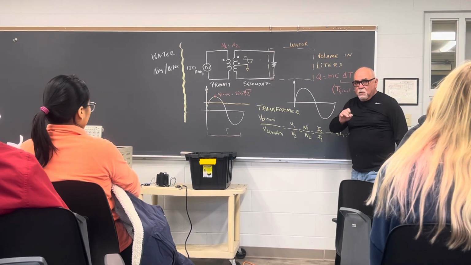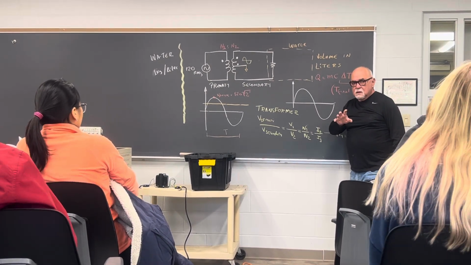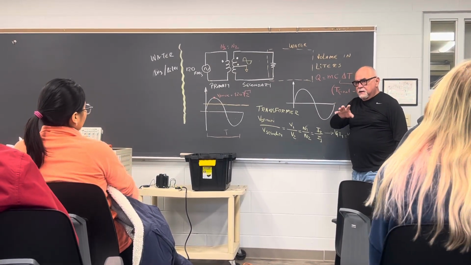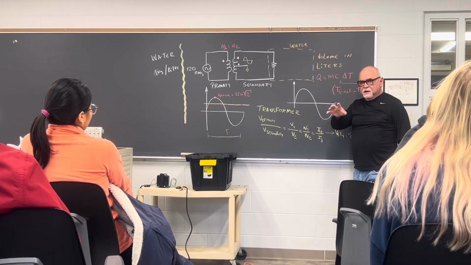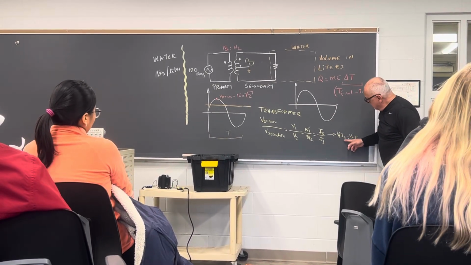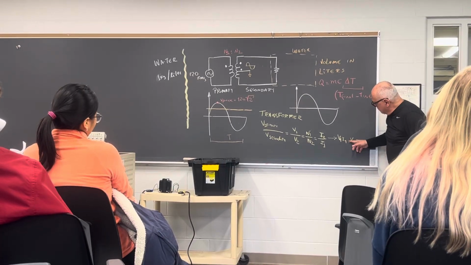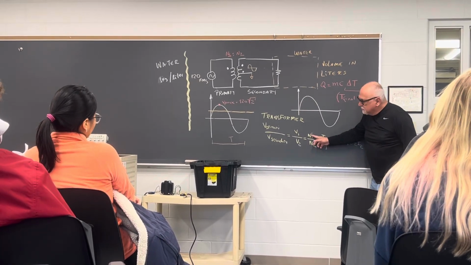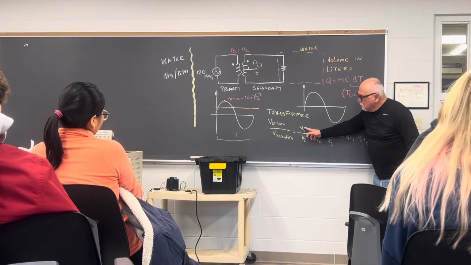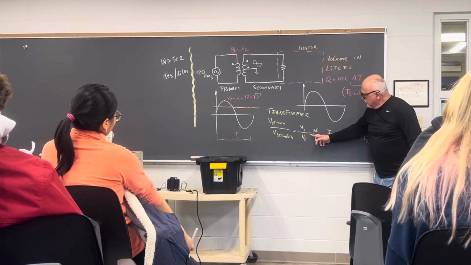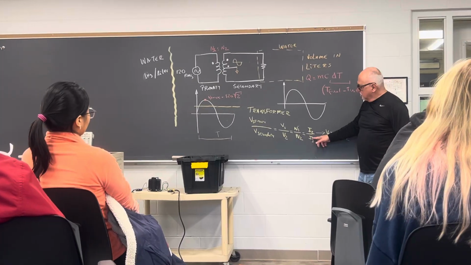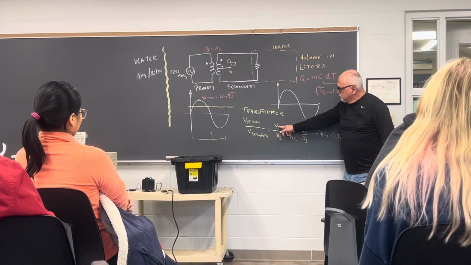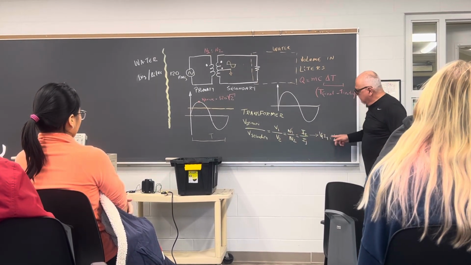But the power should be balanced. The voltage in the primary multiplied by the current in the primary should be the same as the voltage in the secondary multiplied by the current in the secondary. To make V1 I1 equal to V2 I2, the turns ratio is V1 is to V2 as N1 is to N2 as I2 is to I1, because then I1 multiplied by V1 equals I2 multiplied by V2.